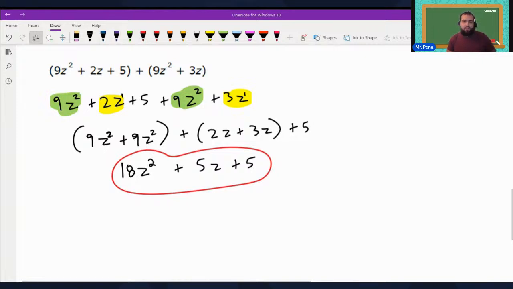Around this time, we're adding and subtracting polynomials. So 18z squared plus 5z plus 5. Accidentally removed the problem, so can't really check it, but we're good. So we have the next problem.